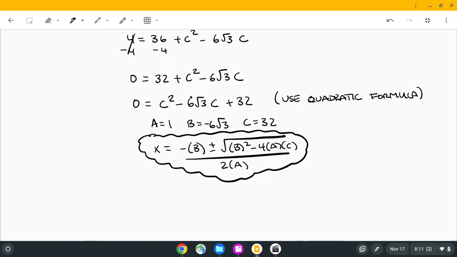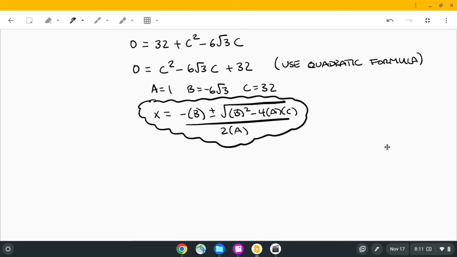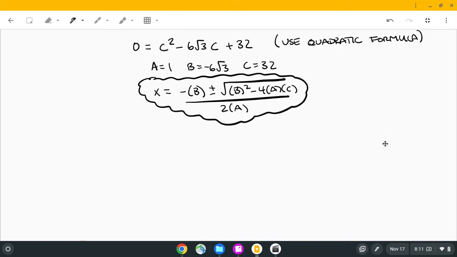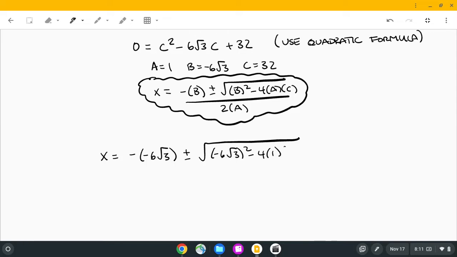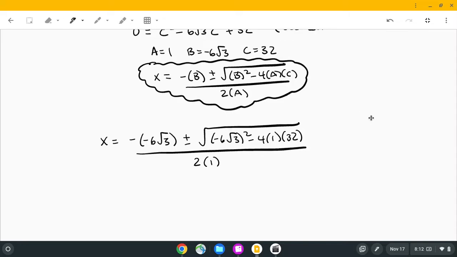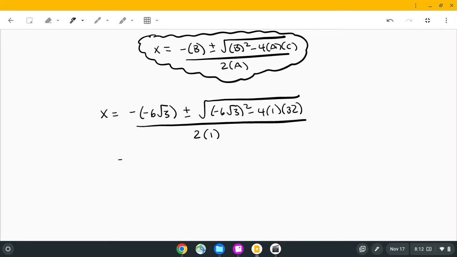Coefficient a is 1, coefficient b is negative 6 square root 3, coefficient c is 32.